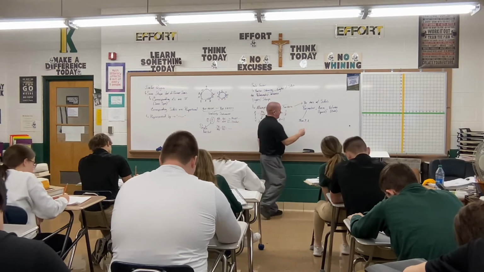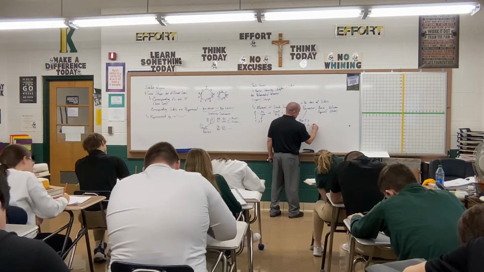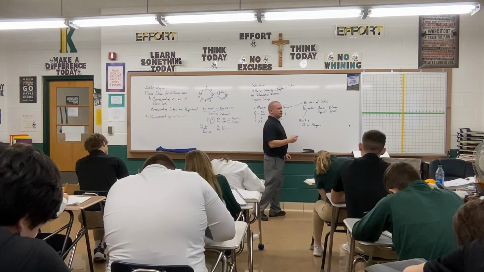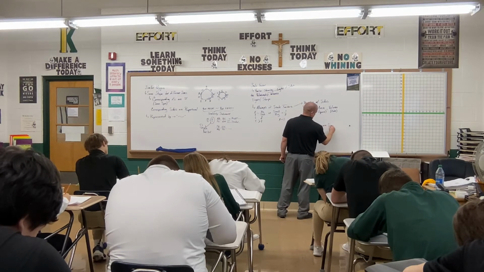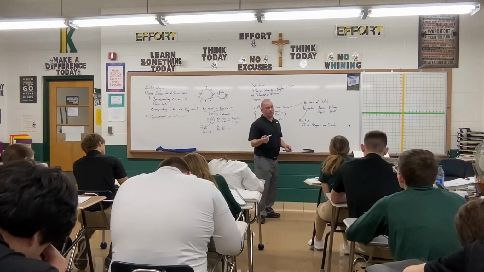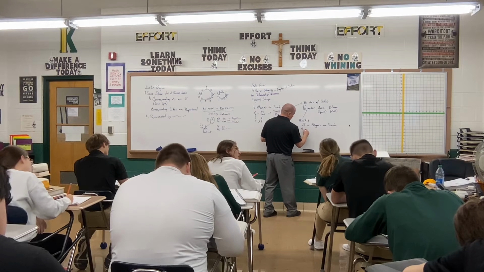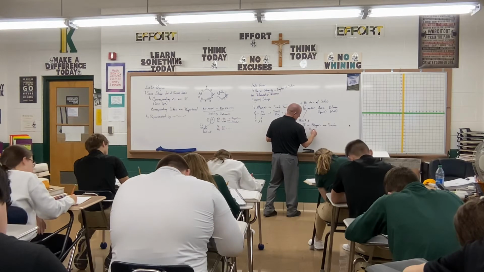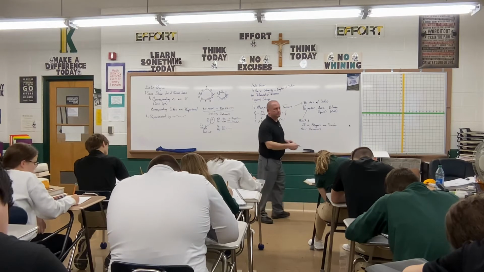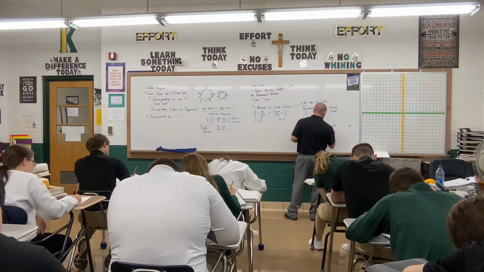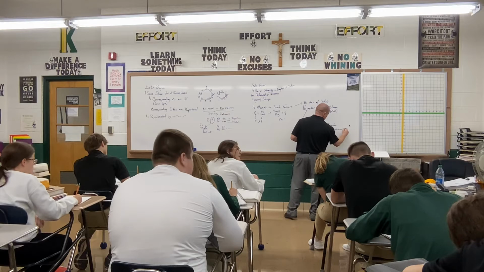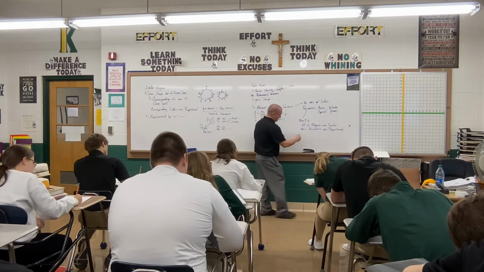If two polygons are similar, and again, if they say they're similar, you can't argue it, their perimeters are also proportional to the scale factor.